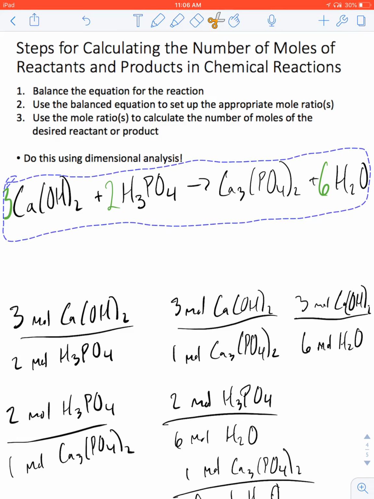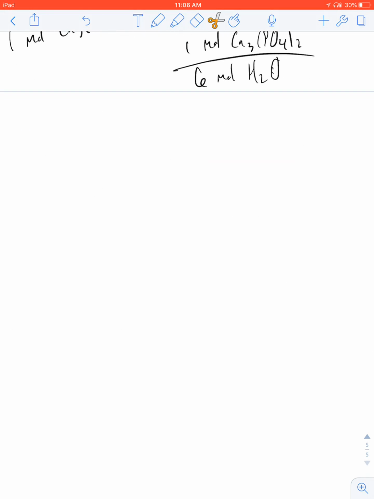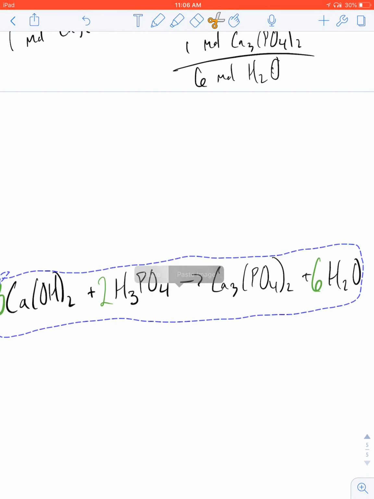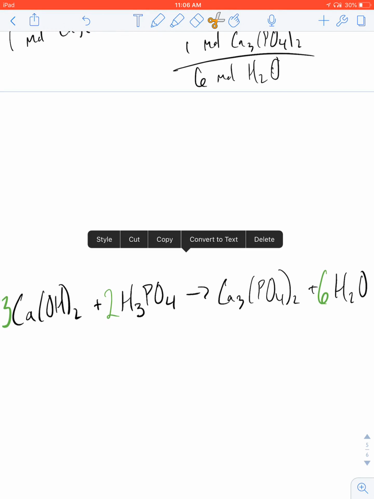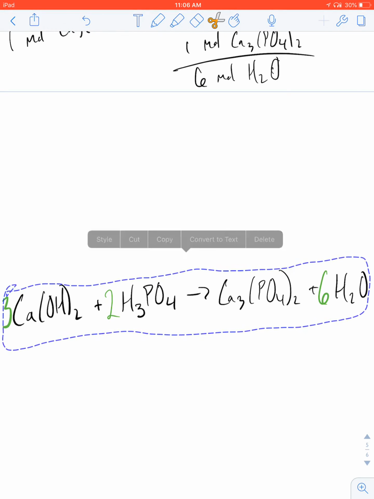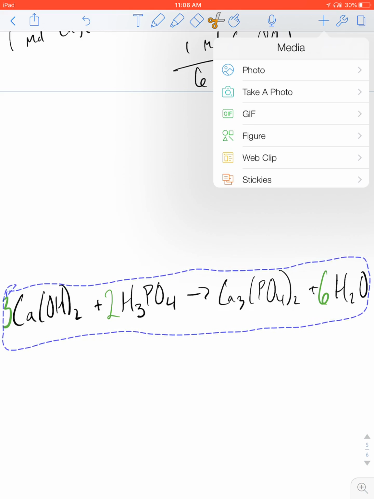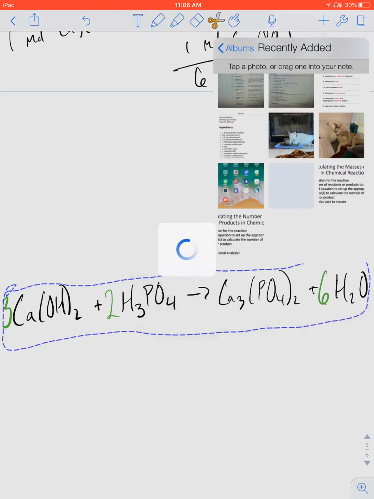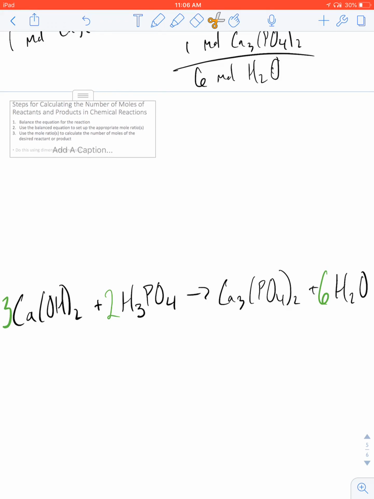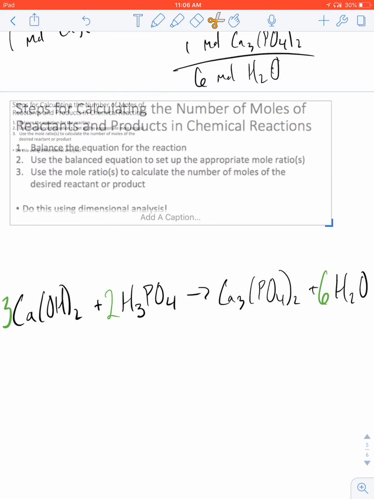Let's go ahead and copy that. Paste it down here to start off with. And let's put back our rules here. Right here, nice corner.